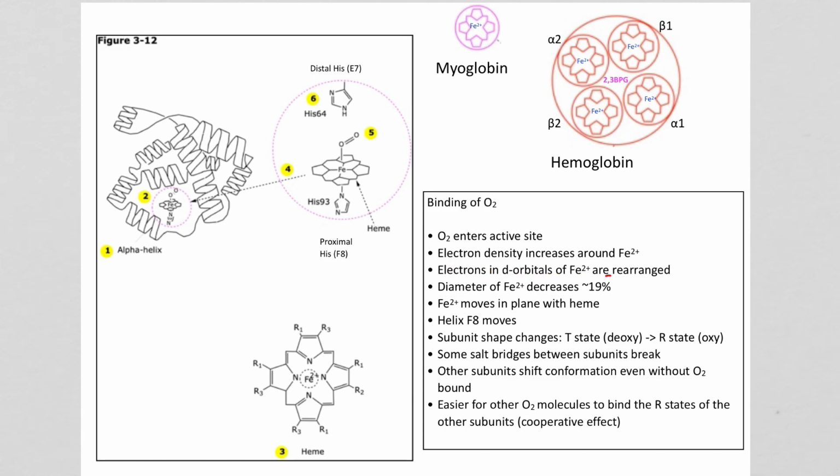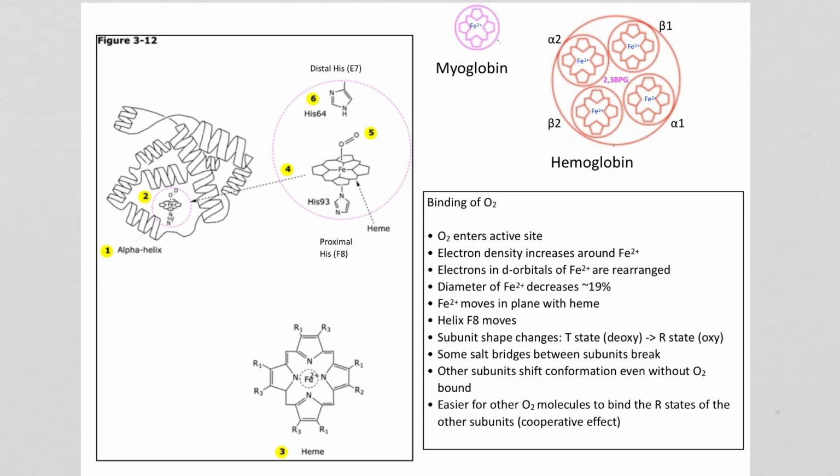This rearrangement of electrons in the d orbitals actually decreases the size of the iron atom by about 19%. The iron atom actually becomes smaller when bound to oxygen.